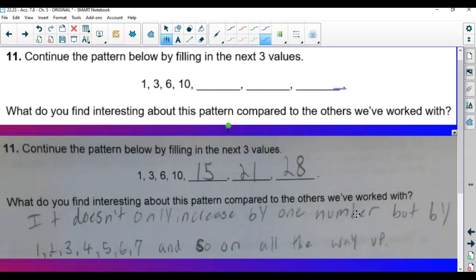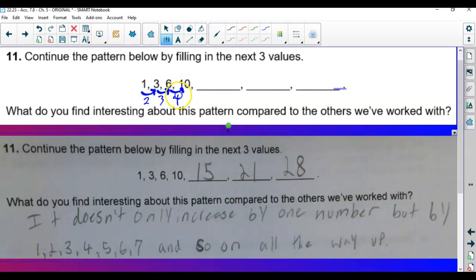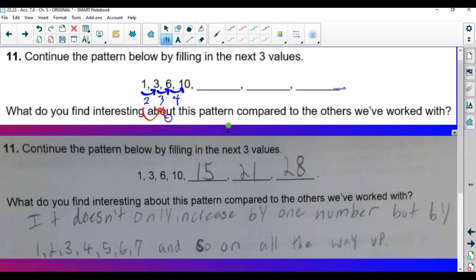Yeah. So, what Zach is trying to say, I'm going to bail you out, is this is plus 2, plus 3, plus 4. So if I start writing those things down, I would say 2, 3, 4. But the increase of the increase, 1, 1, 1. And this is actually how we identify what type of graph this is.